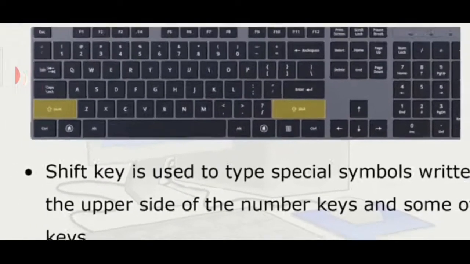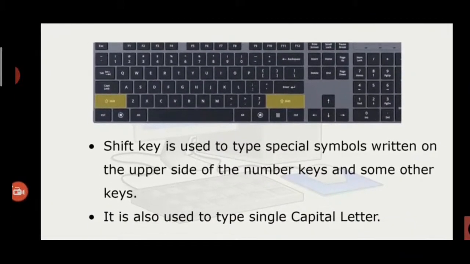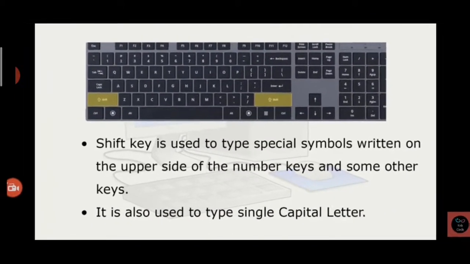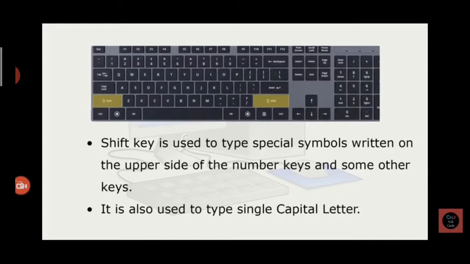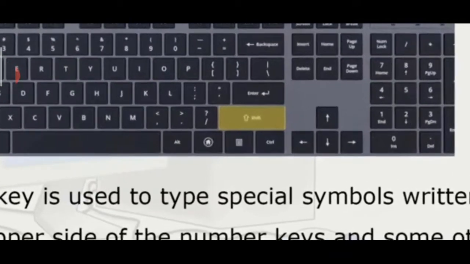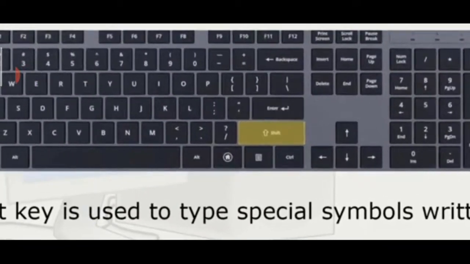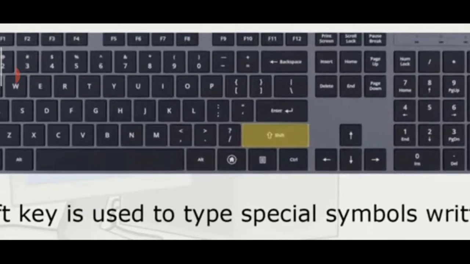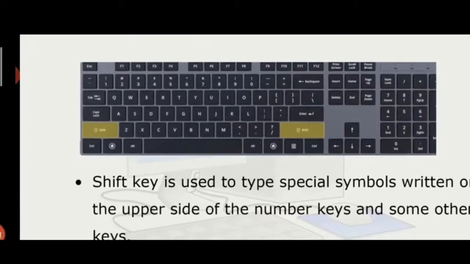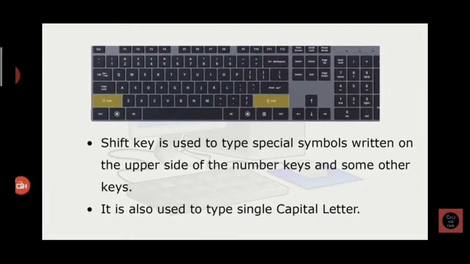So why do we use the shift key? The shift key is used to type special symbols written on the upper side. Like you can see slash and question mark are written on a single key. So if you use the shift key with that special key, it will type the upper side symbol.